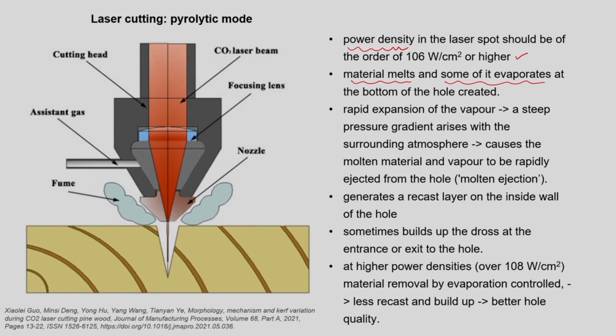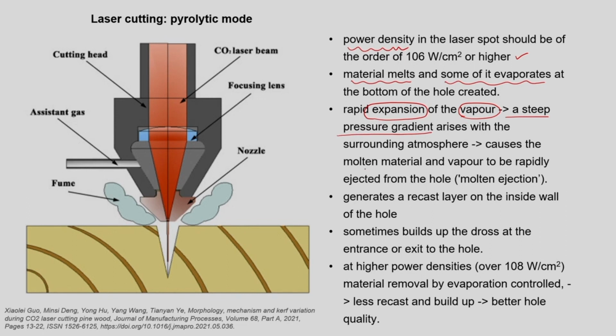During evaporation, vapor is formed and rapidly expands, which generates a steep pressure gradient between the expanding vapor and the ambient pressure.